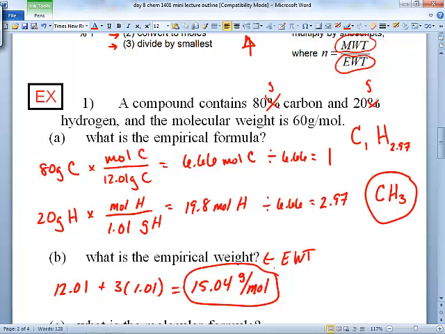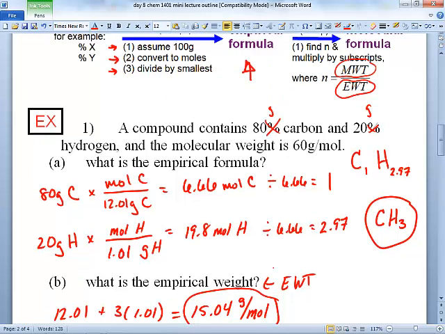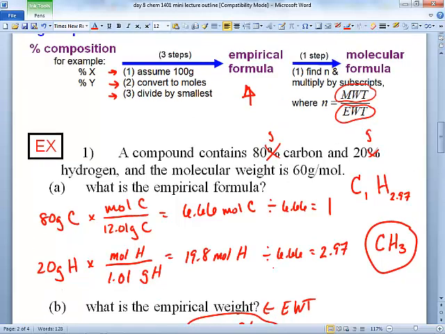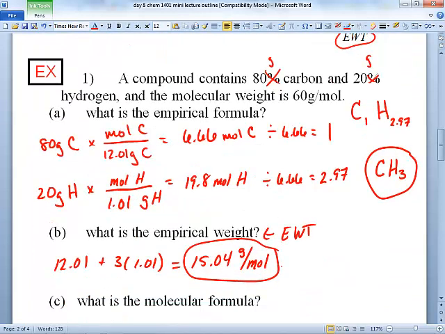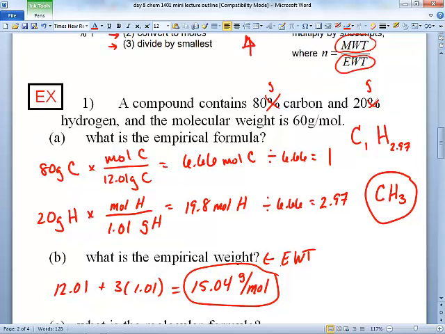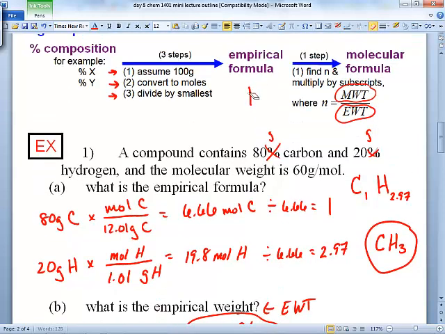Is everybody with me so far? That was part B. Really all we're doing is breaking our game plan into steps here. But the last question is, what is the molecular formula? So as you go back up to our game plan, what is our molecular formula?